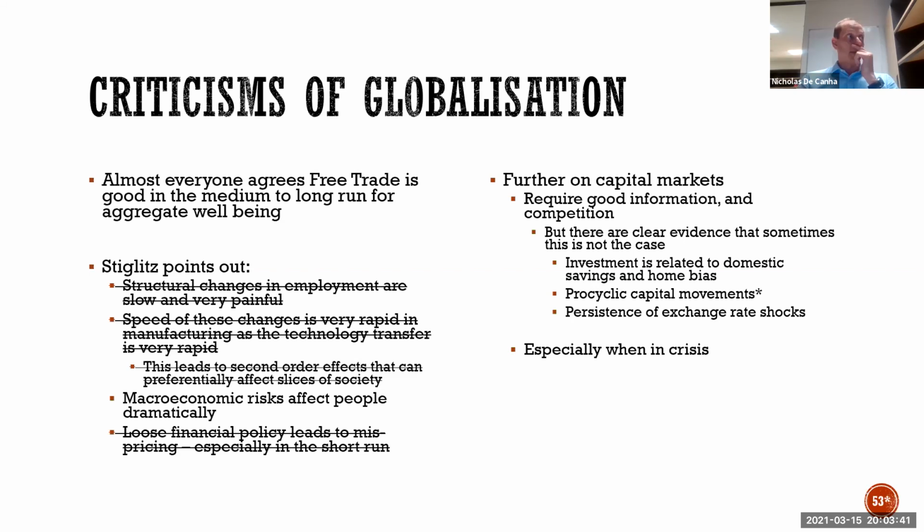One of the challenges of this, and you'll see there are some strikeouts here, is that these are quite difficult things to blame mainly on globalization. Just as many, in fact probably slightly more, jobs are lost to technology change as to globalization.